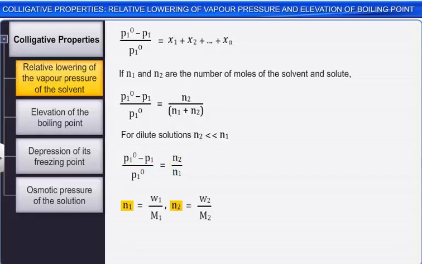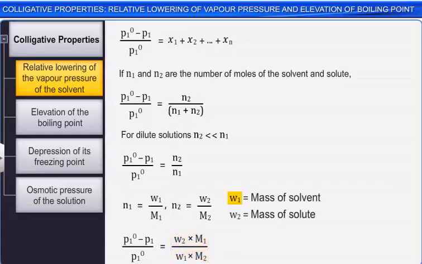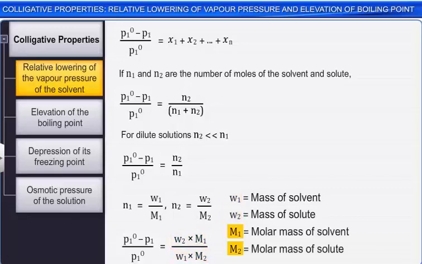Representing N1 and N2 in terms of their mass and molar masses, we get (P1⁰ − P1)/P1⁰ = W2 × M1/(W1 × M2), where W1 and W2 are the masses, and M1 and M2 are the molar masses of the solvent and solute respectively.